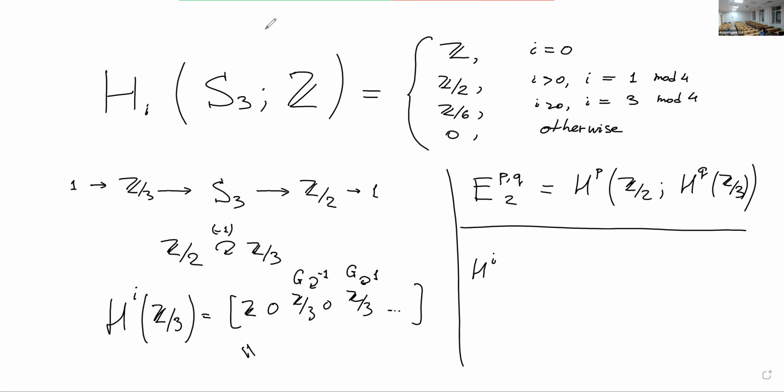And well, in particular, 2 and 3 are coprime, which means 2 is invertible in Z/3. And basically the same argument which proves that the rational cohomology of a finite group is 0 proves that the cohomology of Z2 with coefficients in Z/3 is 0, except in degree 0.